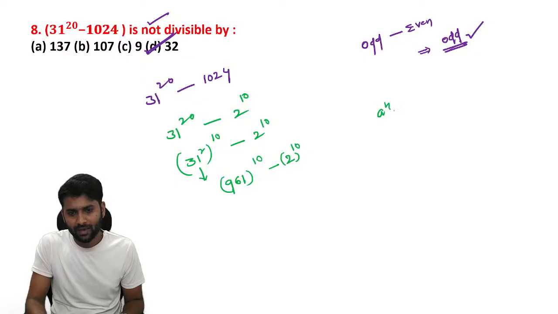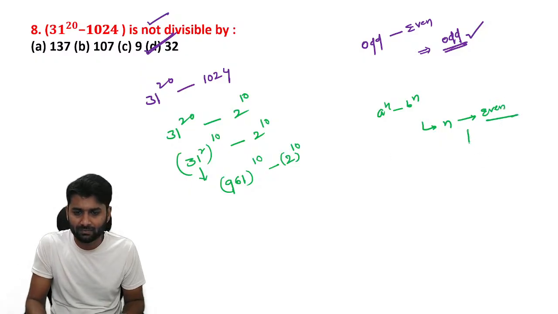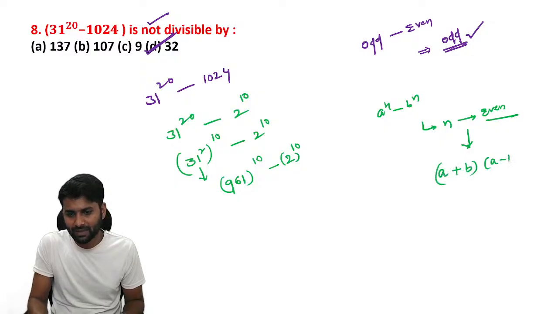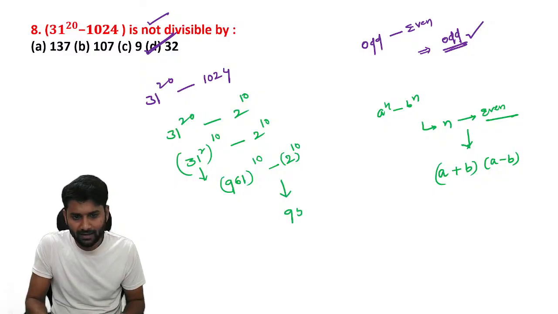Again, a power n minus b power n, if n is an even number, it is always divisible by a plus b into a minus b. It means 961 minus 2. So how much is the difference here? 959 multiplied with 963.